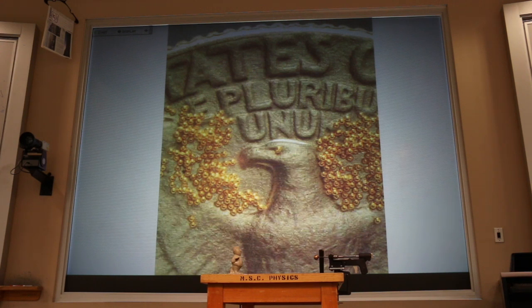Free energy for everyone. Now this laser, the reason I'm telling you this, is that this laser delivers 200 times the total power output of all the power stations in the United States. All of them combined. 200 times that. Makes you wonder, where do they get this power?